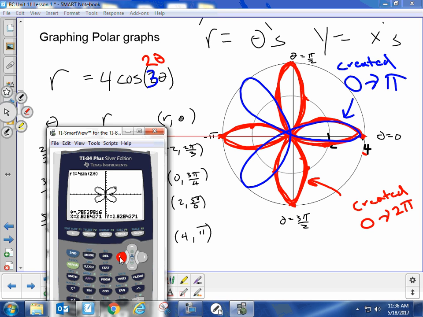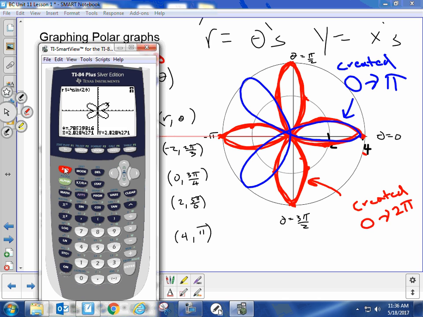What is the maximum value that sine can have? 1. And what value do I plug in for theta so that this is the sine of something that gives me 1? Sine of what is 1? Yes, pi over 4 is the angle I plug in because the sine of pi over 2 is 1. Watch this. Go in and plug in pi over 4 for your theta. Once you press trace, you can do this, and boom, that's where you are. Because the sine of pi over 2 is 1, that's why we go all the way out there.